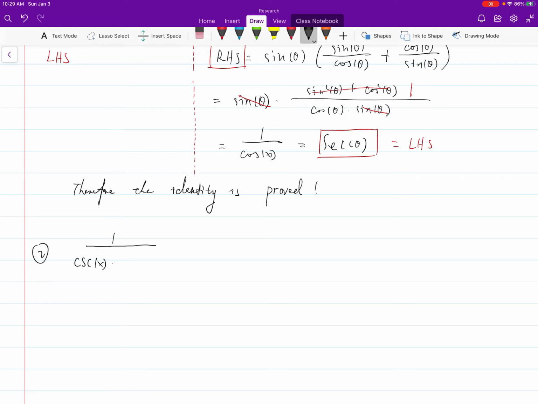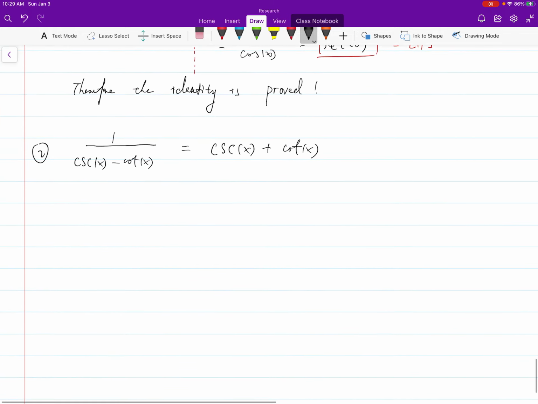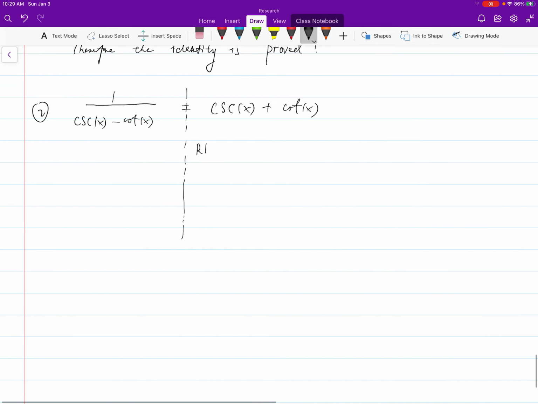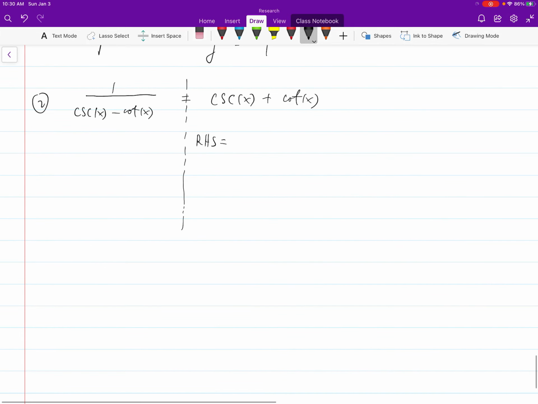Okay, let's try another one. We have the left, we have the right.